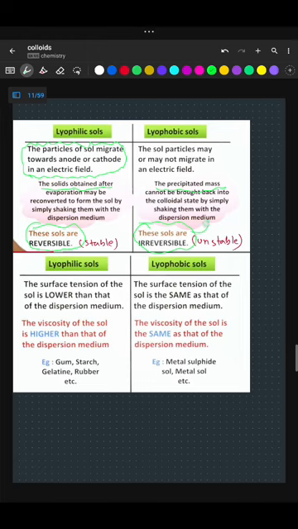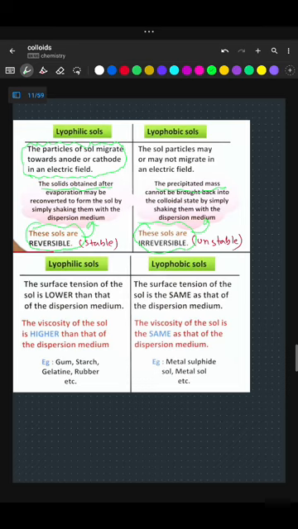Reversible means they can be easily converted to colloidal solution just by shaking. Irreversible means it is not a natural process to turn them into colloidal solution after that.